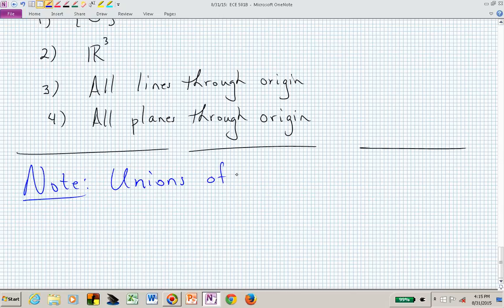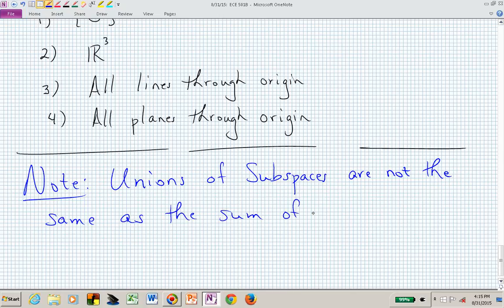Unions of subspaces are not the same as the sum of subspaces.